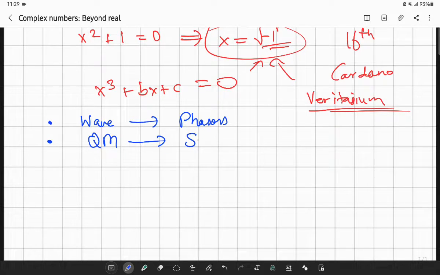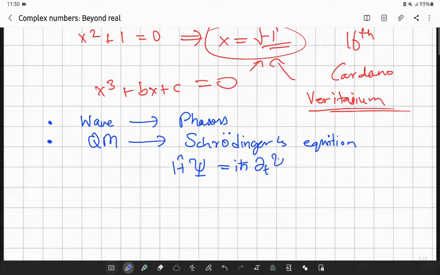The Schrodinger equation, which is the most important equation in quantum mechanics, is a complex equation. Let me show you how. You have the Hamiltonian operator times psi, the wave function, equals i h-bar times the time derivative of psi. You don't need to worry about the meanings of psi and the Hamiltonian.